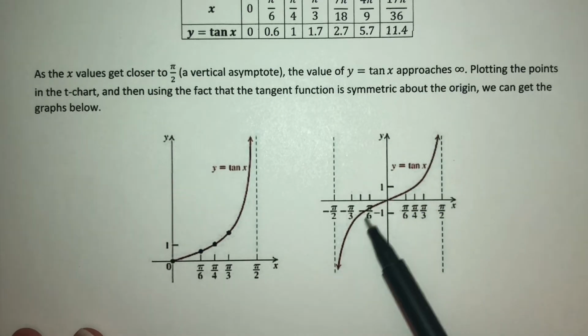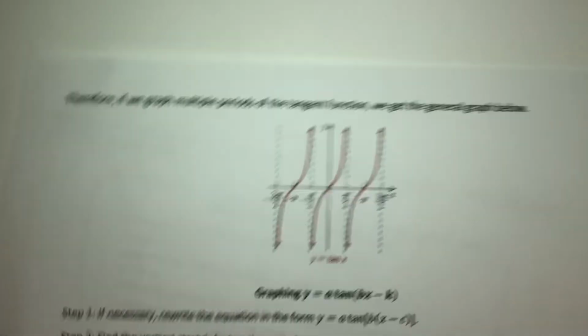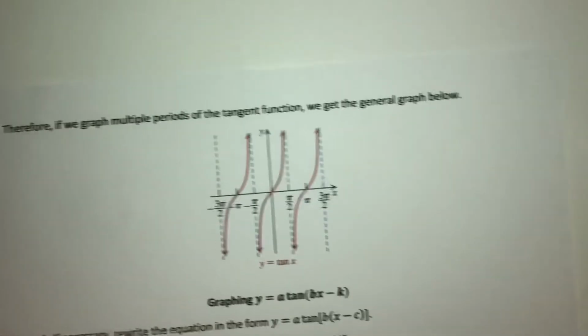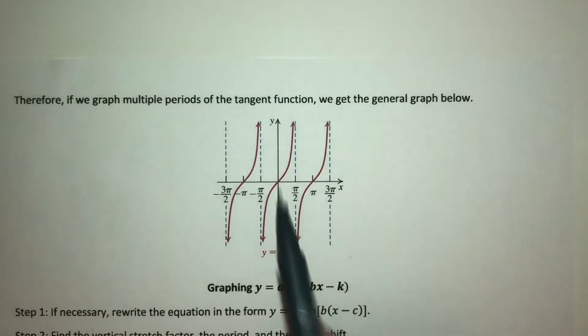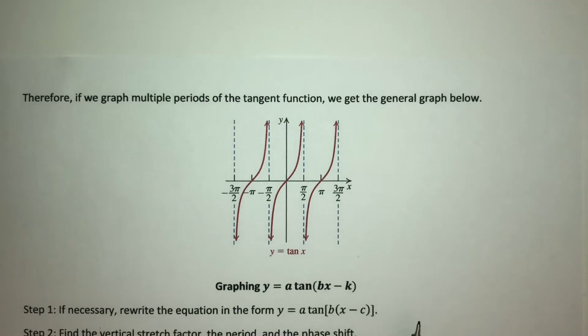So this is the graph of one period of tangent. Now we know that tangent is periodic, so the graph is going to repeat itself. If we just repeat that over multiple intervals, you'll see that you have this. It's just going to be repeating that basic graph over and over and over again.